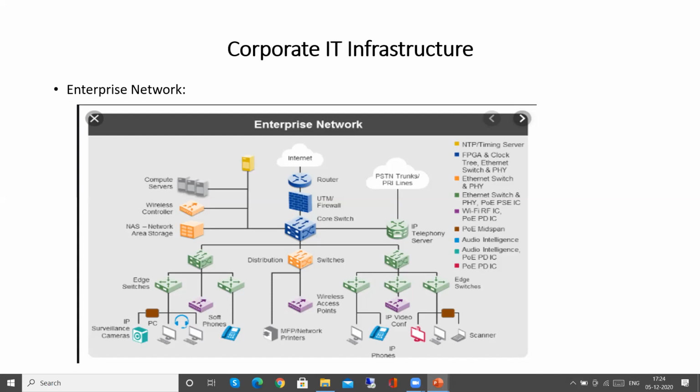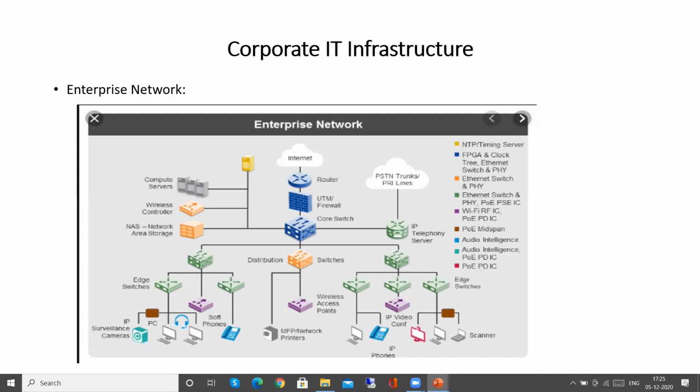So if you want to run an IT infrastructure, you need an internet, router, firewall, switches, right? This is all normally network components. Inside the corporate network, we need servers, application servers, right?